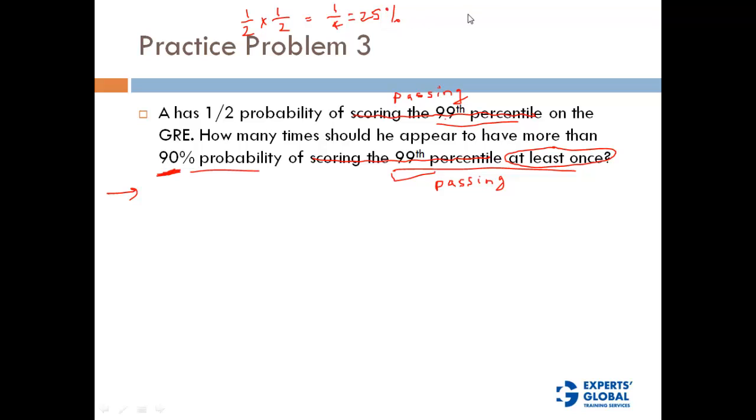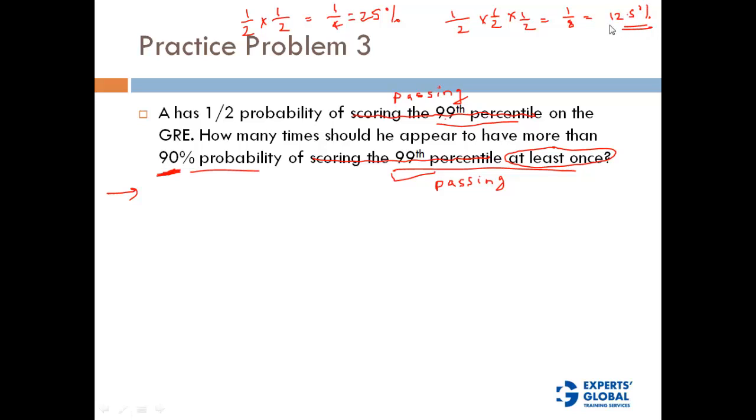He takes the exam 3 times, and he still doesn't pass, that probability is going to be, he fails in the first time, fails in the second time, fails in the third time, so that is going to be 1 by 8, which is 12.5%.